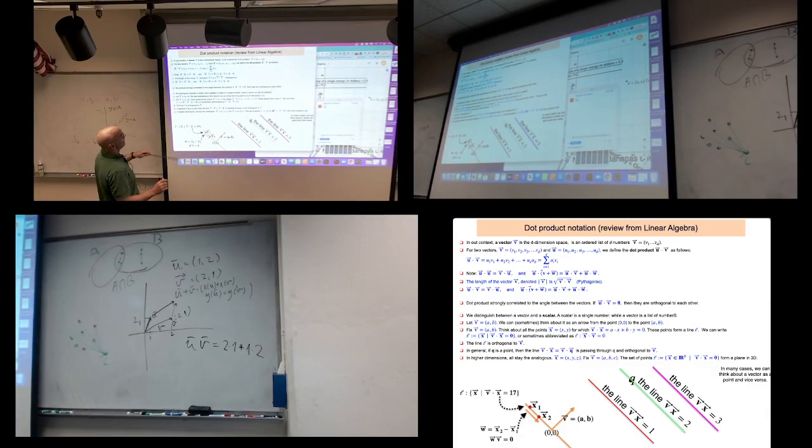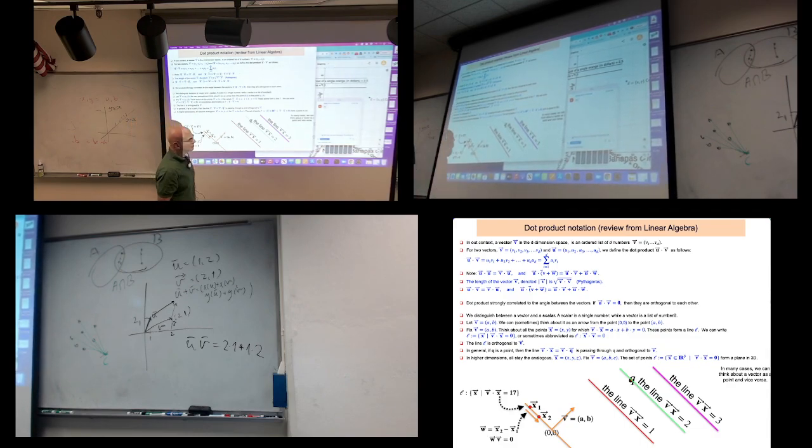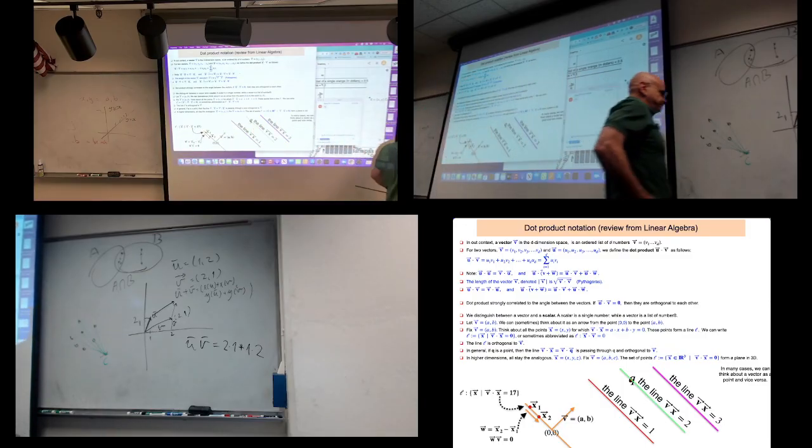I can sometimes speak about the length of the vector v. I'll denote it by v with 2 bars on the side. How do I compute it? I'll take v dot product v, which is the x coordinate squared plus the y coordinate squared, and take the square root.